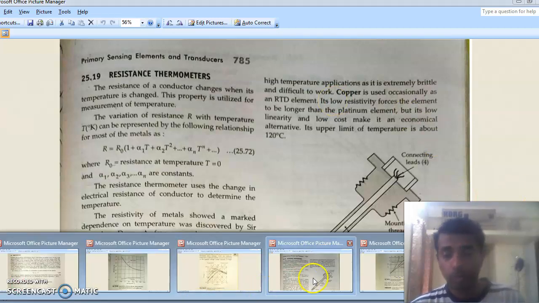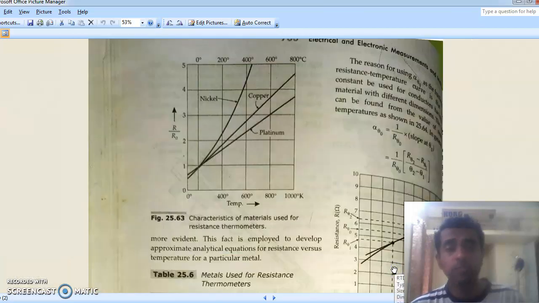Now, the characteristics. I told that we are making a linear approximation, so we are neglecting all the higher order terms. In that case, we compare the resistance with the reference resistance, that is the resistance at 0 degrees Celsius, and compare with temperature.